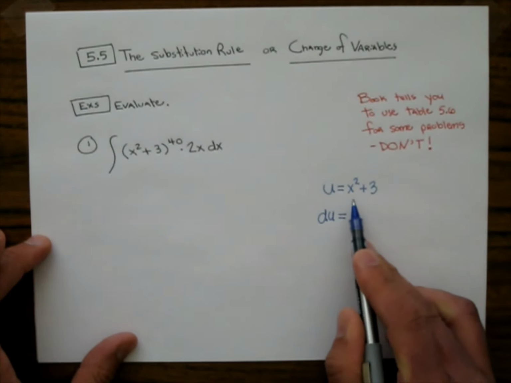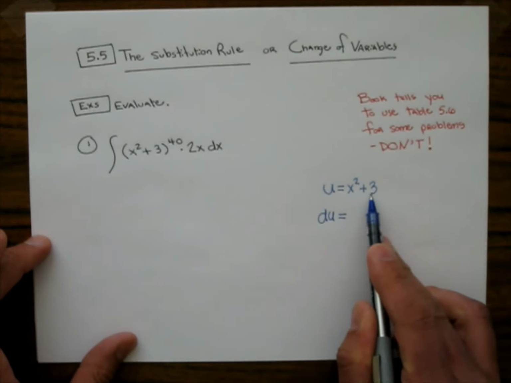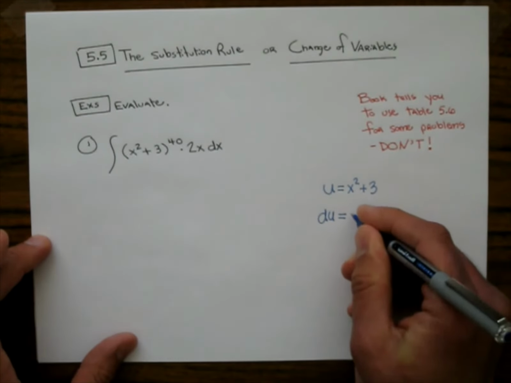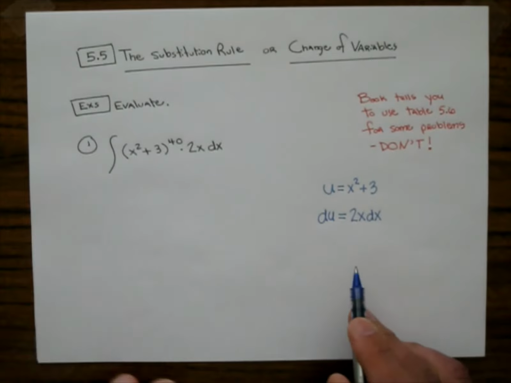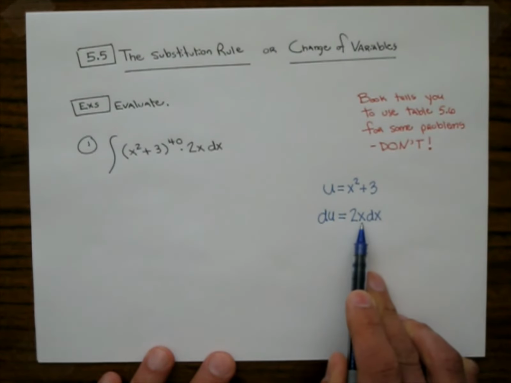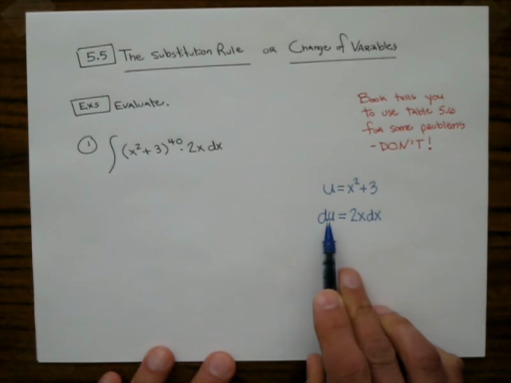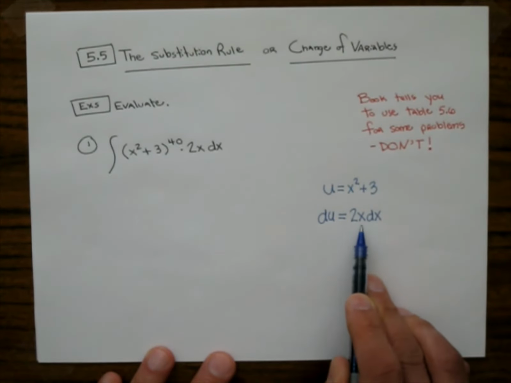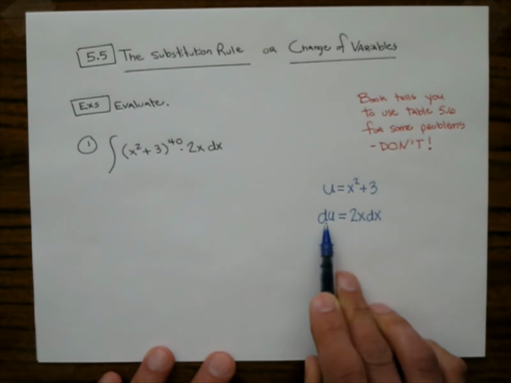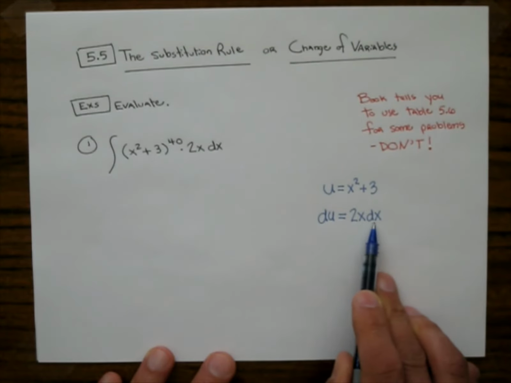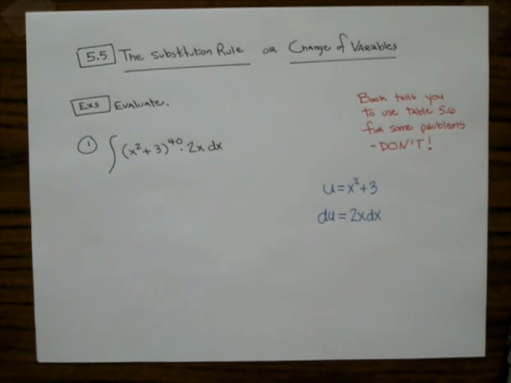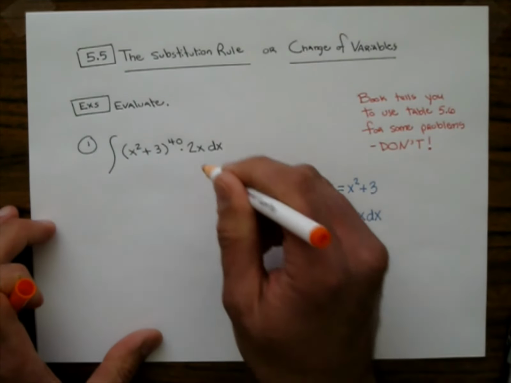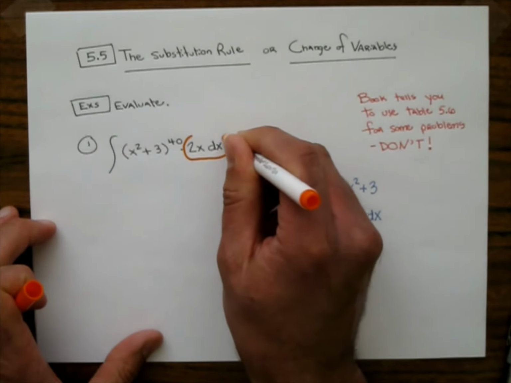This equals, and then on the right hand side I'm going to take the derivative of x squared plus 3, which is 2x dx. Now if that confuses you, maybe you could divide by dx and you see that du/dx equals 2x. So you might be more used to that, but I'm breaking these guys up and putting the dx there. And now, look what I have. I have a 2x dx right there.